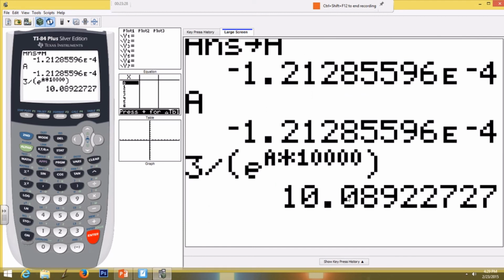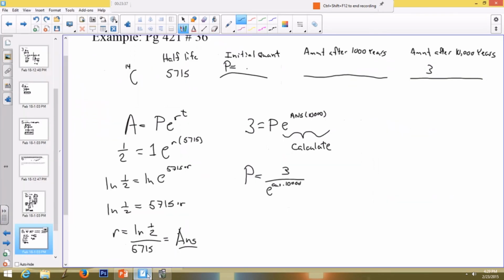So my initial amount is going to be 10.089 grams. I think we're starting with grams. Let's make sure. Yep. So P equals 10.089 grams. And my G's and my S's are starting to look the same.